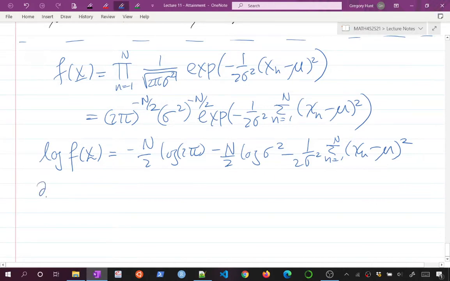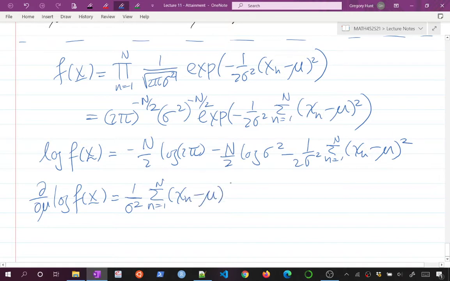And then we want the derivative with respect to the unknown parameter, in this case mu. -n/2 log 2 pi does not depend on mu. -n/2 log sigma squared does not depend on mu. That also goes away. What do we get? We get a negative. The 2 will come down, we cancel this 2, and we'll go negative from this mu. That will cancel with that. I think all we're going to be left with is a 1 over sigma squared, but you can check my work on that.